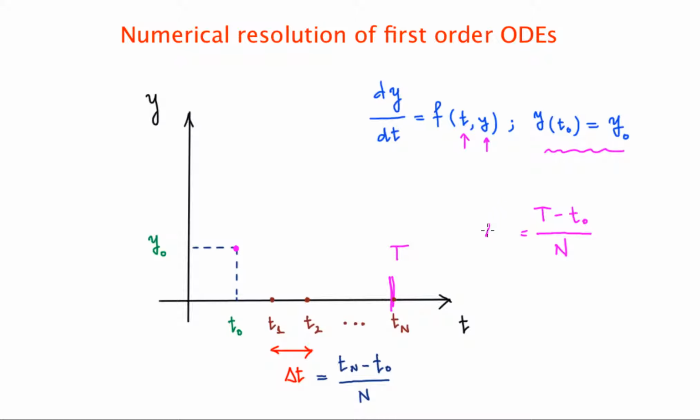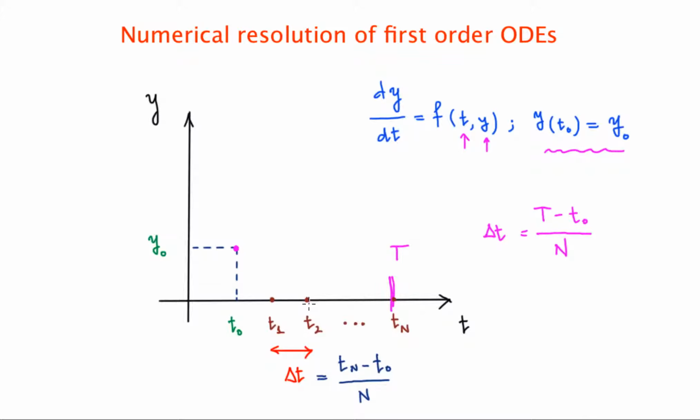Therefore, the time step, which is going to be delta t here, I mean the time difference from one point to the other, is going to be the ratio between this range and n. So that's important. That's the beginning. We have to predefine the mesh in the time variable.